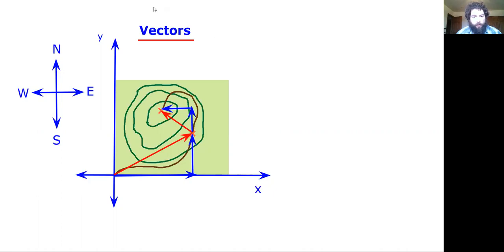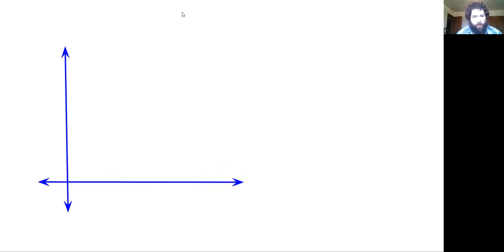I'm going to go ahead and save this. I'm going to clear this off, and I'm going to draw another coordinate system, nice and clean.